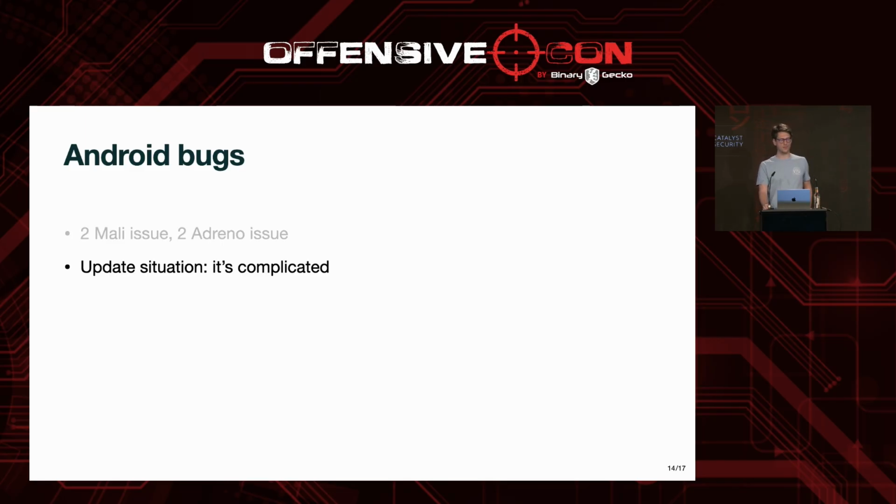And this also brings me to the update situation on Android, which is of course a little bit more complicated, because what's happening here is, if you report it back to the vendor, say Qualcomm or ARM, they will of course eventually provide a fix, but those fixes will not directly be distributed to the affected devices, but instead they will be sent to the device manufacturers.